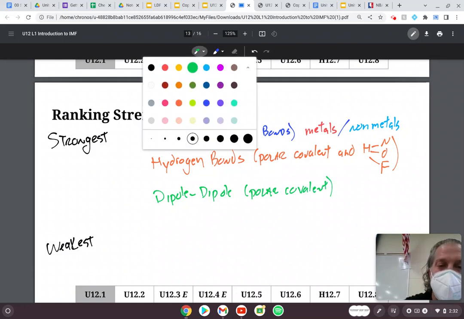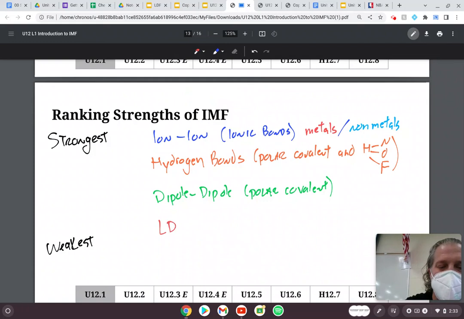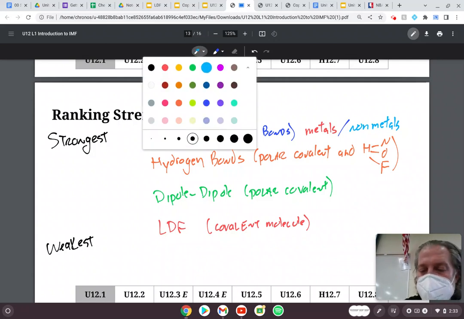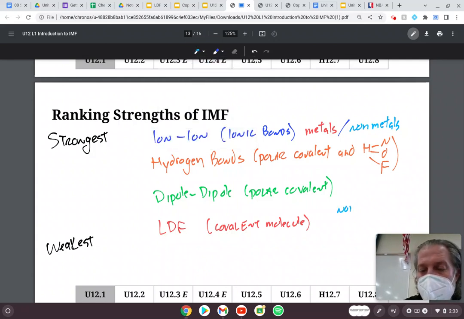And then lastly is London dispersion forces, which is just a covalent molecule. And remember, covalents are all nonmetal and nonmetal.